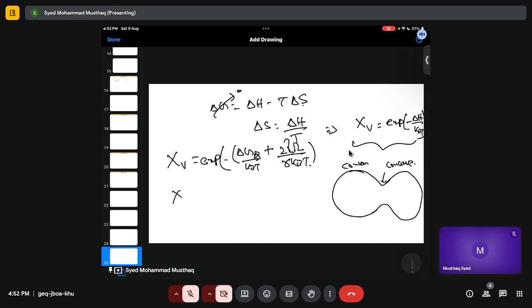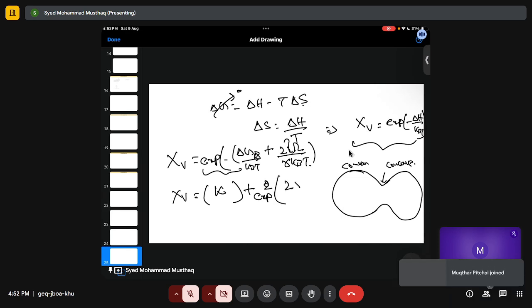So xv will be equal to some constant, because it is a constant, right? So let's take k plus exponential minus 2 gamma omega upon r kBT.